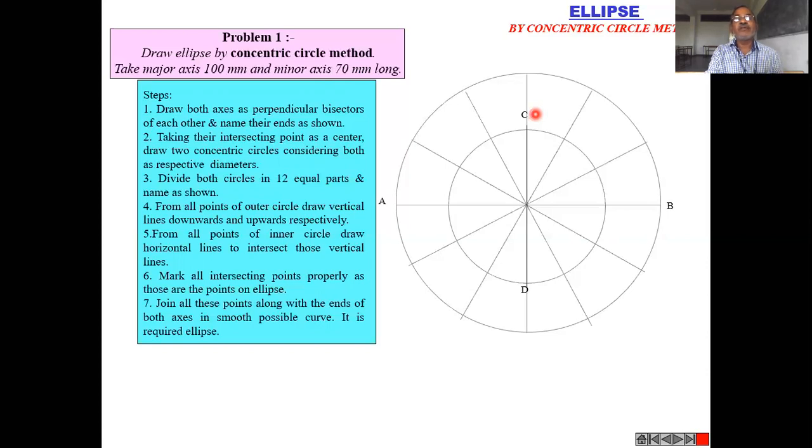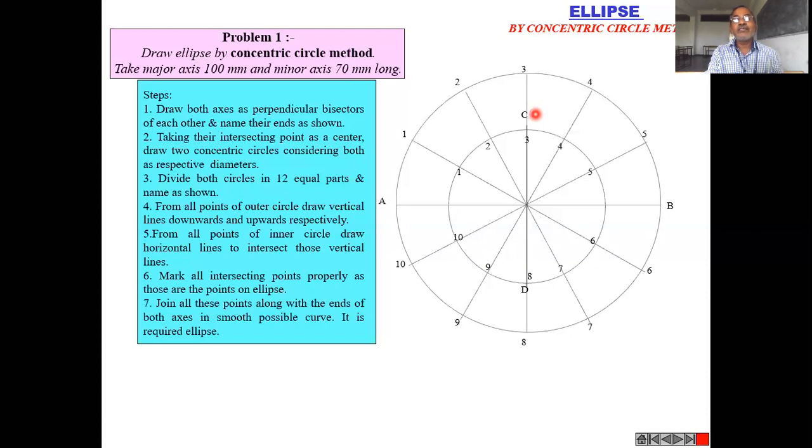So these circles have been divided into 12 equal parts. If you look at the figure, the diametrical lines are intersecting both the circles at different points. On the outer circle, the division points are named 1, 2, 3, 4, 5, 6, 7 and so on.